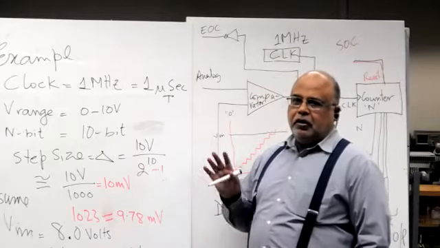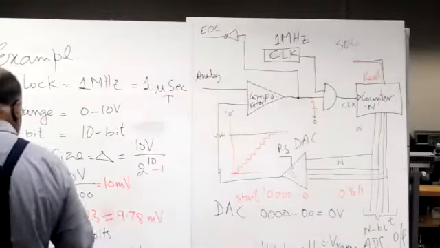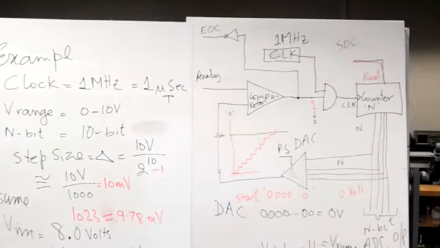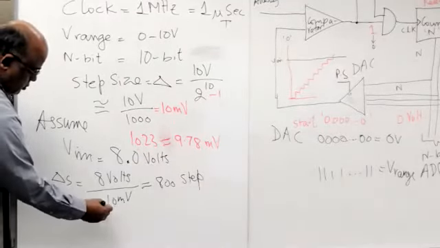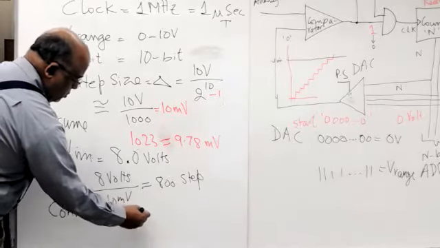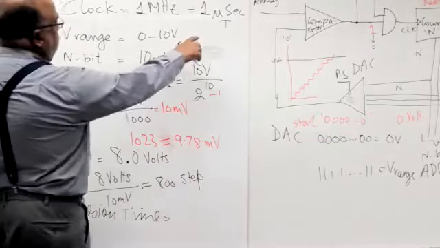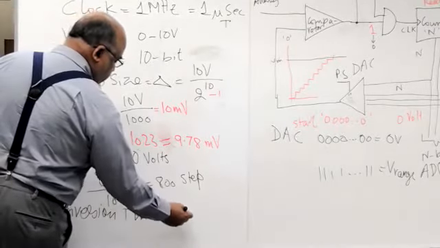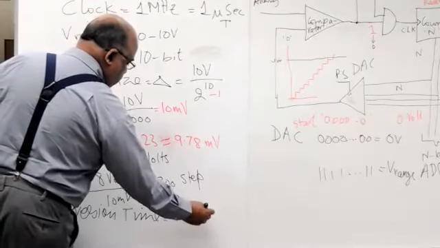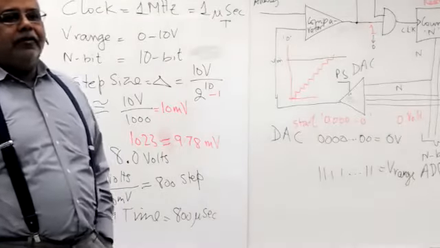That is the problem. इसमें आपने फाइंड करना है कि कन्वर्जन टाइम कितना होगा। 800 स्टेप्स लग रहे हैं तो जाहिर है एक स्टेप 1 माइक्रो सेकंड का है, तो कन्वर्जन टाइम विल बी 800 माइक्रो सेकंड, well almost less than a millisecond.